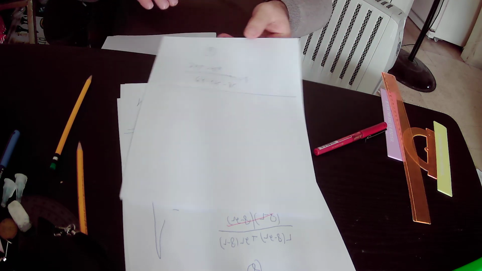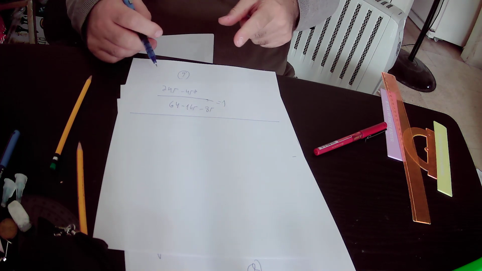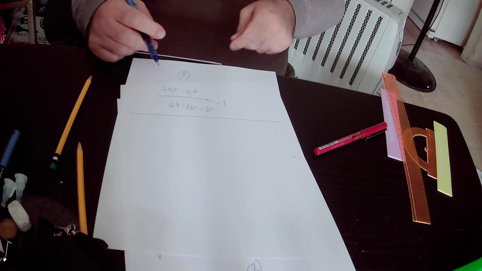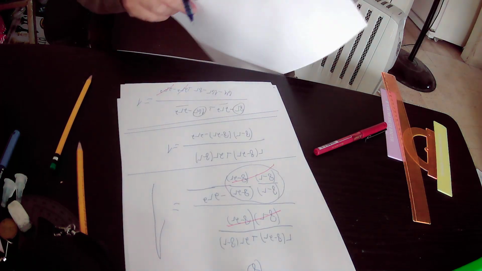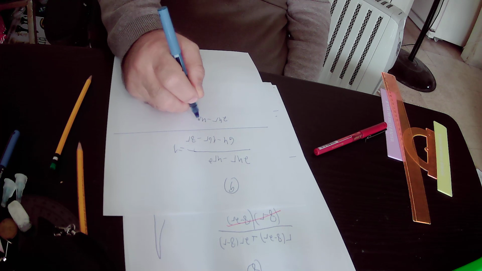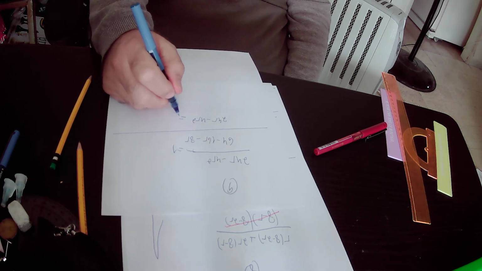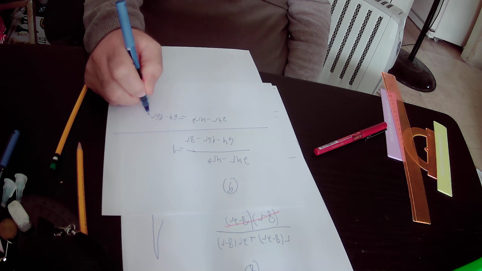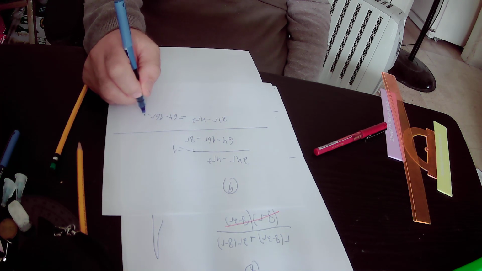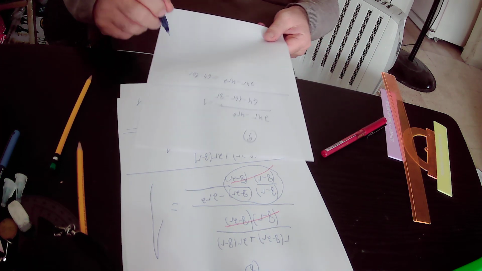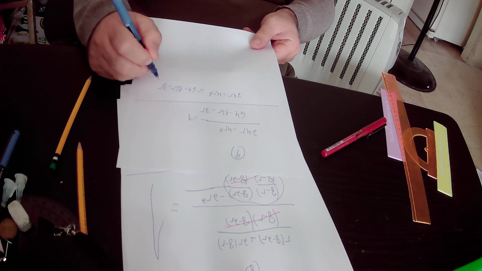So we got this expression. Here we will cross multiply this expression. Okay, we will get that 24r minus 4r squared equals to 64 minus 16r minus 8r. Okay, minus 8r.